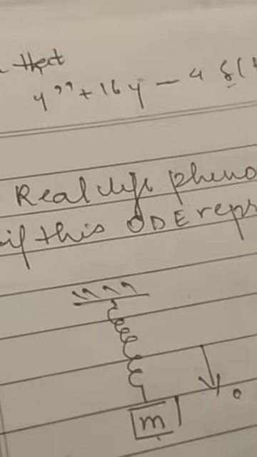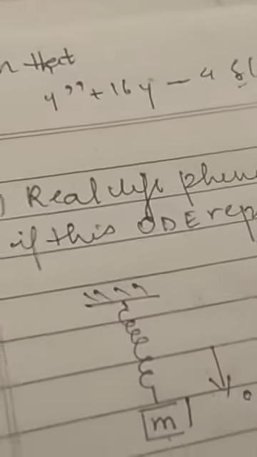In the question we have already been given that y at 0 is equal to 0 and y prime at 0 is also equal to 0. So here these are 0. It comes out to be s square Laplace of y plus 16 Laplace of y is equal to e power minus 3 pi s. Okay, so we'll take Laplace of y common, which is s square plus 16 is equal to e power minus 3 pi s.